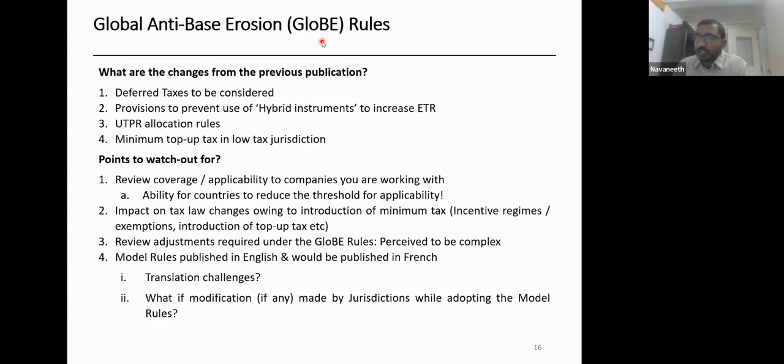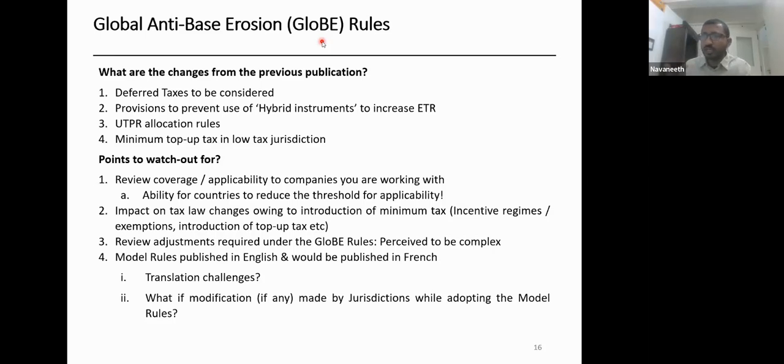Next, consider the impact of tax law changes owing to these rule changes. You may have a certain geography phasing out an exemption or an incentive regime, or introducing a top-up tax. How does it impact the overall ETR of the group you're working with, and the compliance that is required? What are the adjustments required to be undertaken under the GloBE rules?